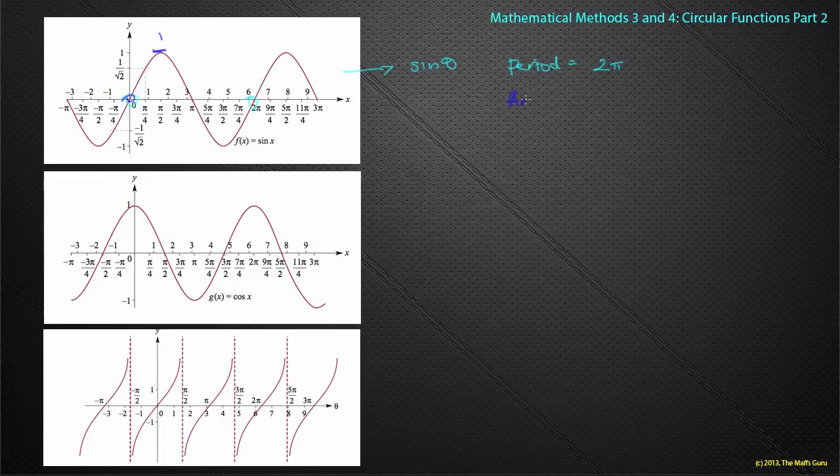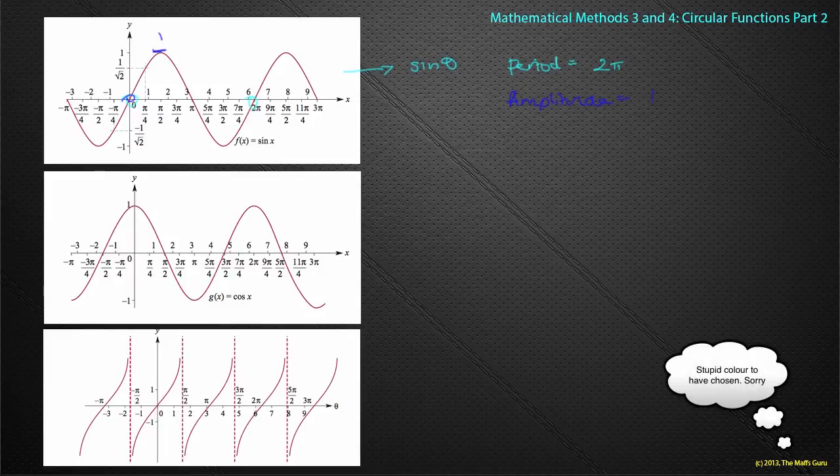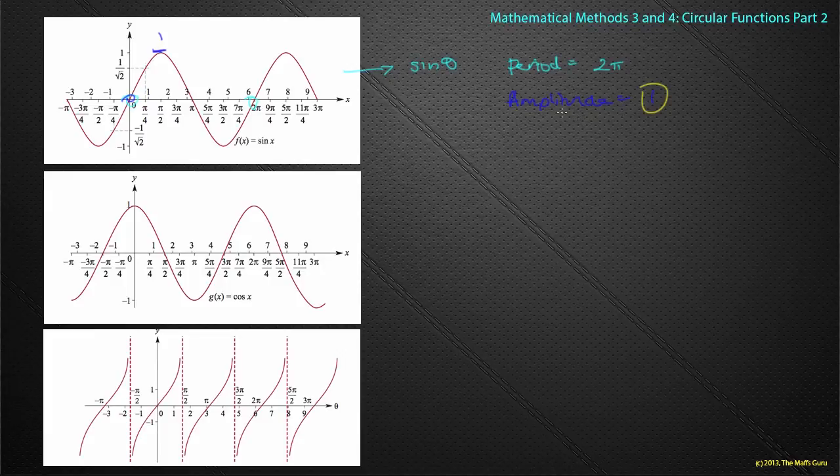And so the amplitude of a standard sine curve is given by the number 1, because the height of that is 1. And the range of a normal sine curve is between -1 and 1. Remember, range is our vertical height, so our standard range is between -1 and 1 inclusive.